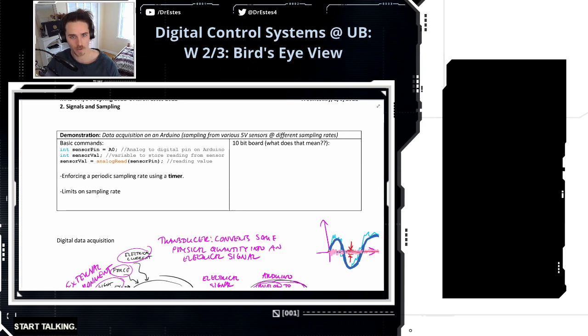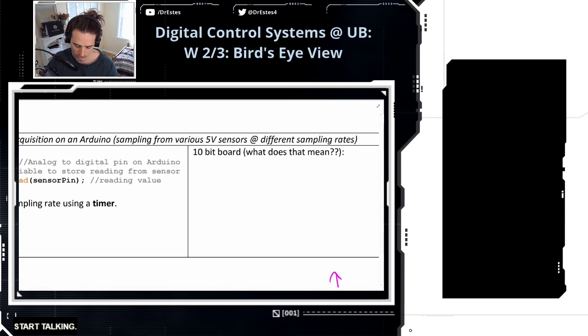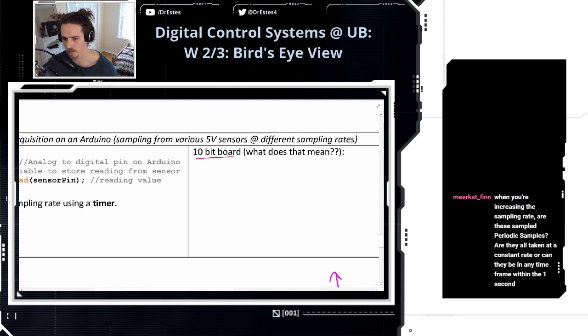This Arduino board has a 10-bit digital to analog converter. Let's talk about what 10 bits means. When you're increasing the sampling rate, are these sampled periodic samples? Are they all taken at a constant rate, or can they be in any time frame within the 1 second? Excellent question. They are periodic samples.